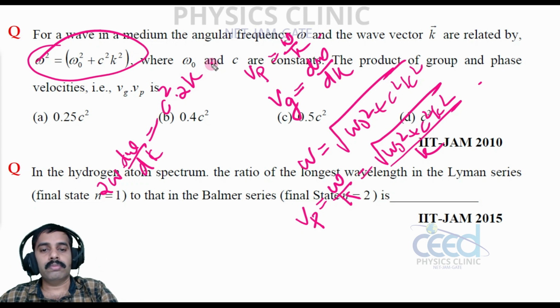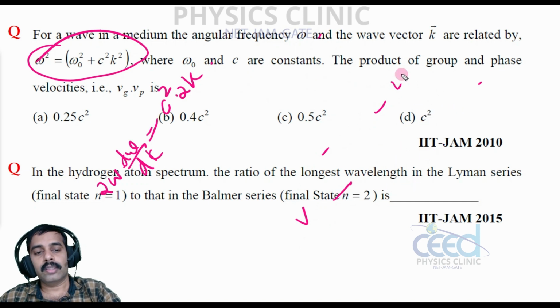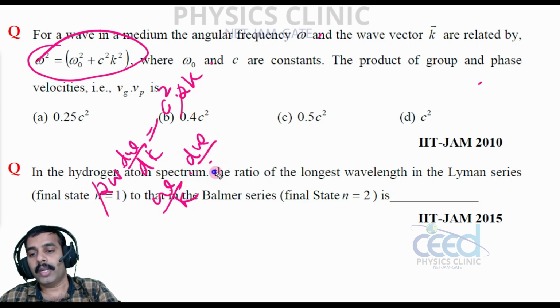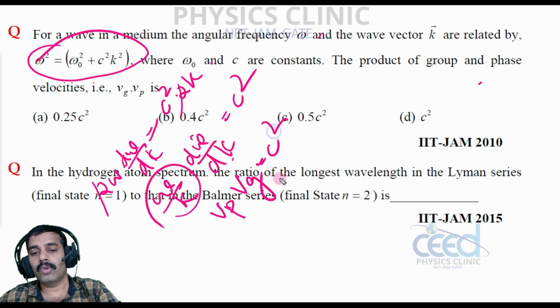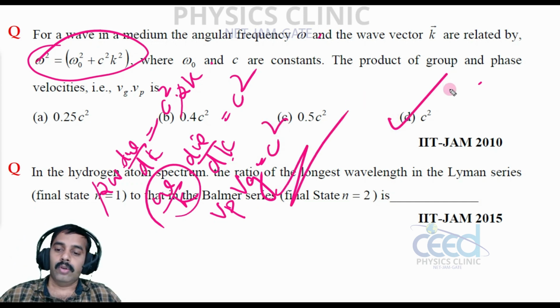So we need not do this calculation here. We can directly come to the answer from this, right? See, this 2 cancels. All right. So omega by k into d omega by dk is equal to c square. What is omega by k? That is Vp. What is d omega by dk? That is Vg. That is equal to c square. So this option is correct, right? All right. Option D is correct.